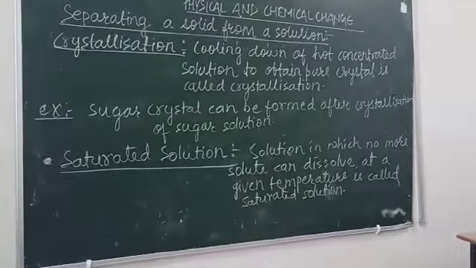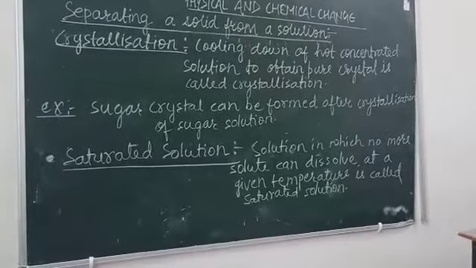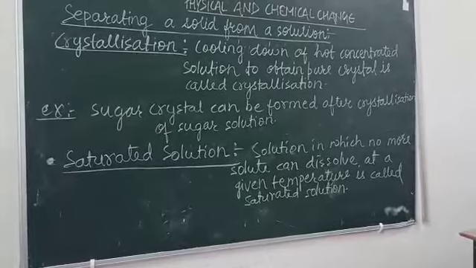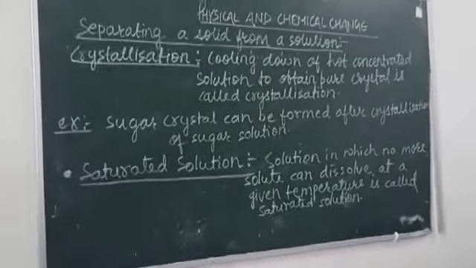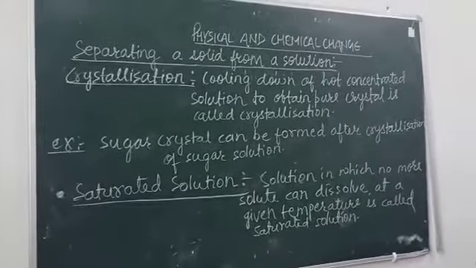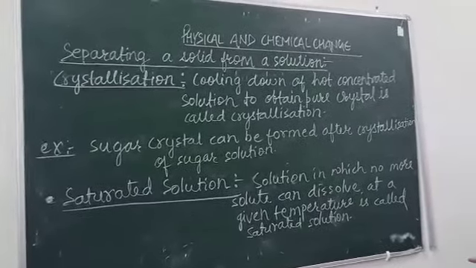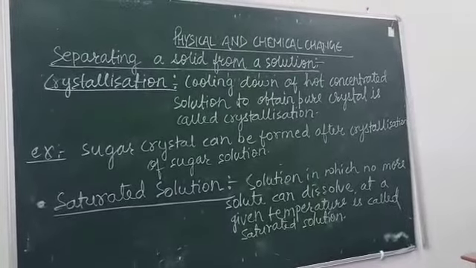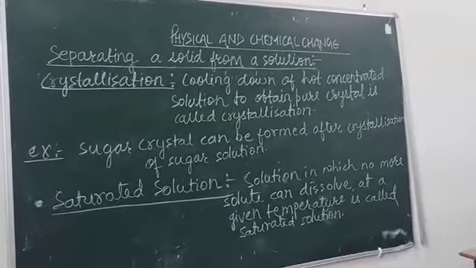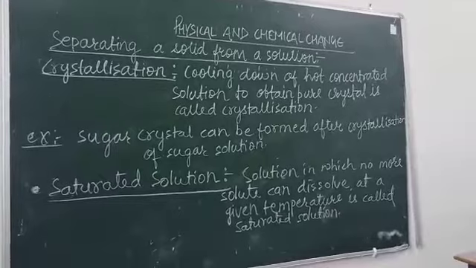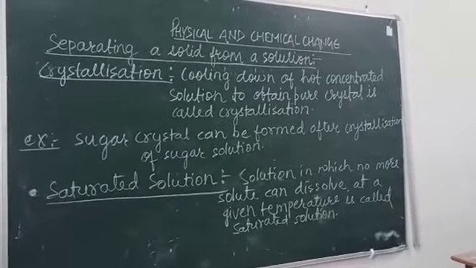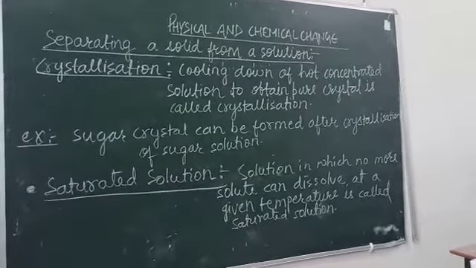Example, we get sugar crystals after the crystallization of sugar solution. Crystallization is a technique in which the solution is heated in an open container, and when the solvent is evaporated and after cooling down, we get pure crystals of the particular solution.